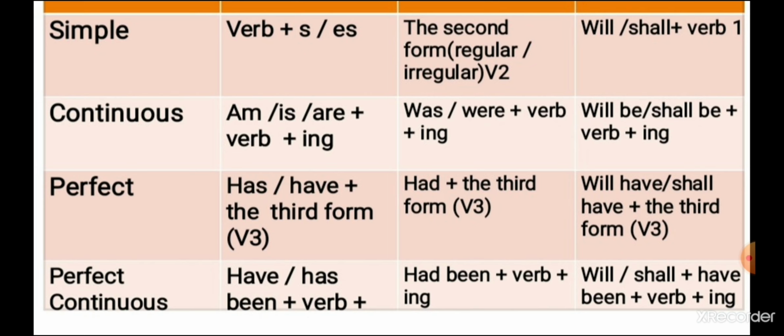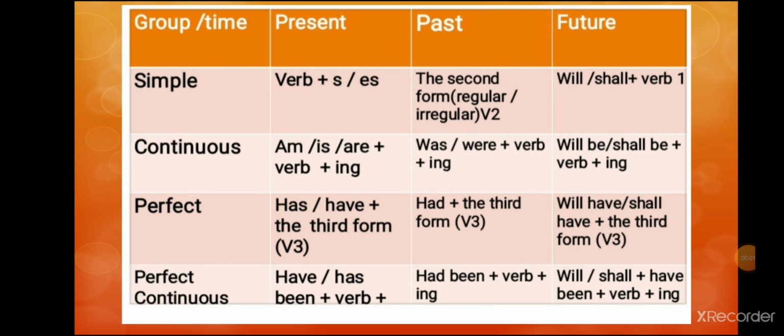For perfect continuous, we use will have been or shall have been plus the first form plus ing. Now students, I hope that all of you have learned how the different tense forms are used to express the past, the present and the future.